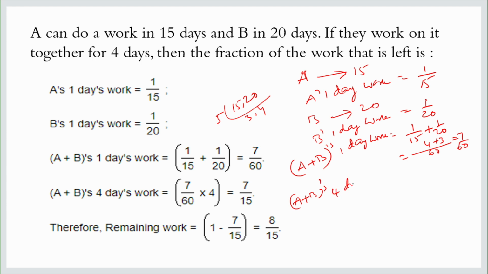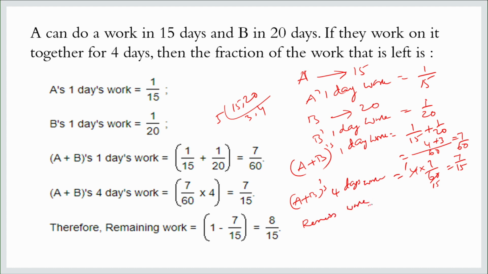A plus B's 1 day work is 7/60. So what is their 4 days work? Because they work together for 4 days, it is 4 times 7/60. 4 into 7 over 60, dividing by 4, it is 7/15. So A plus B's 4 days work is 7/15. What is the remaining work?